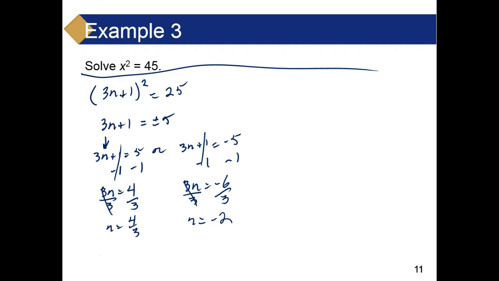Few homework exercises. 6.2. Any of the odds 1 through 19. Forget about 21 through 25 now. I mean, you can work them. They're fun to work, but if you don't want to, you don't have to.